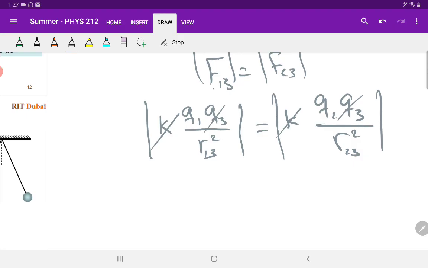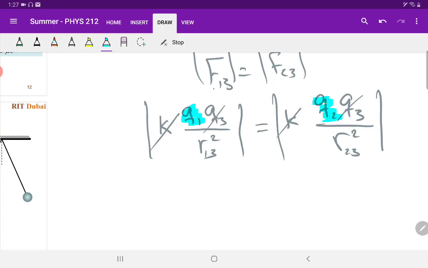So Q3 is not a factor here. No matter what the magnitude of Q3 is, no matter what the sign of that charge is, the answer should be the same. The answer will be affected only by Q1, Q2, and the distance between these two charges.